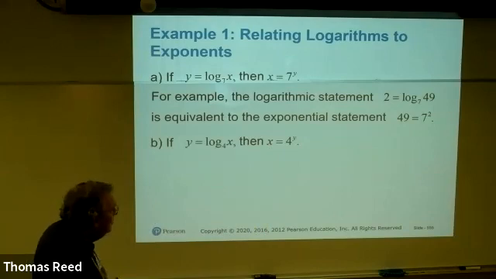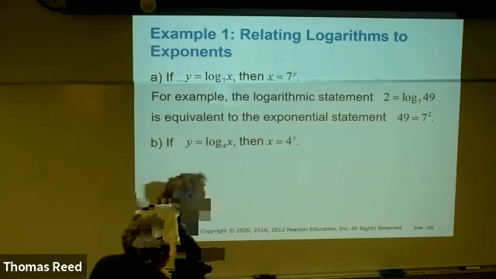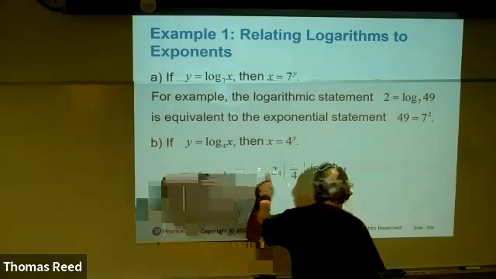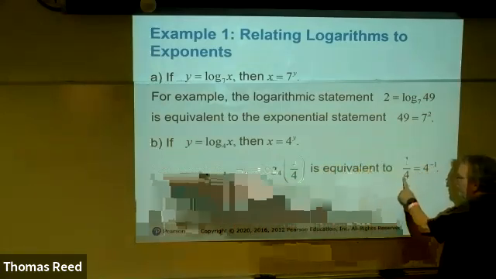And it goes the other way as well, right? So -1 is the exponent I put on 4 to equal the argument of 1/4.